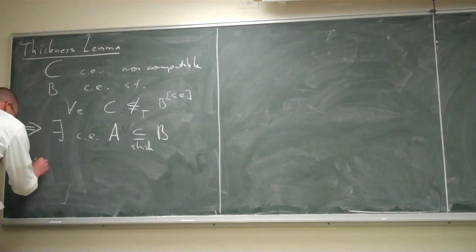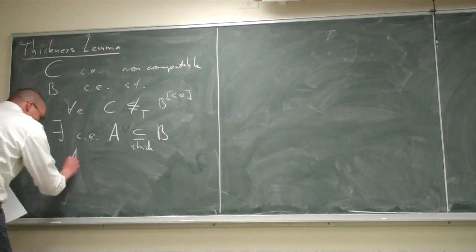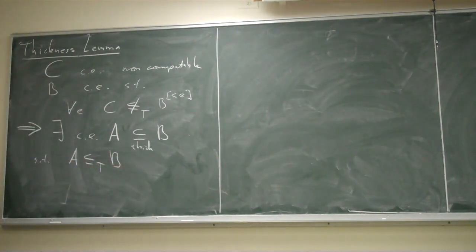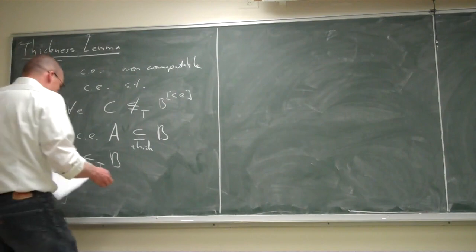Such that A Turing reduces to B, which we didn't care in the least about for the purpose we introduced this lemma for, but it's true and it'll be useful later.